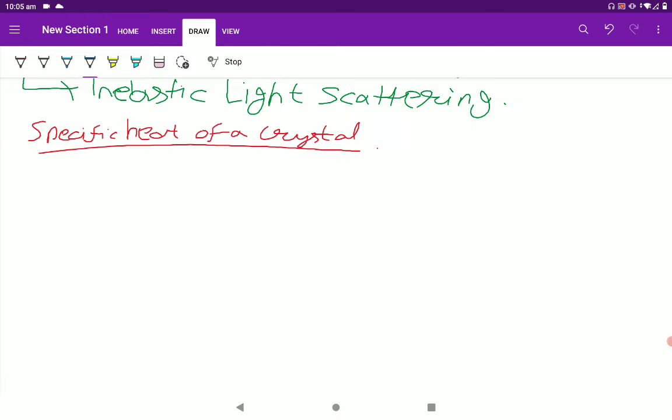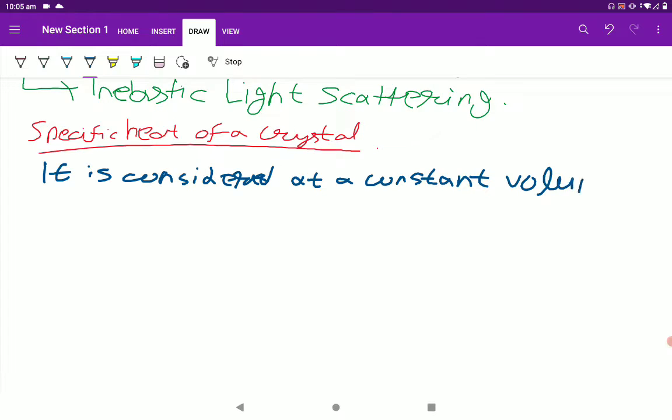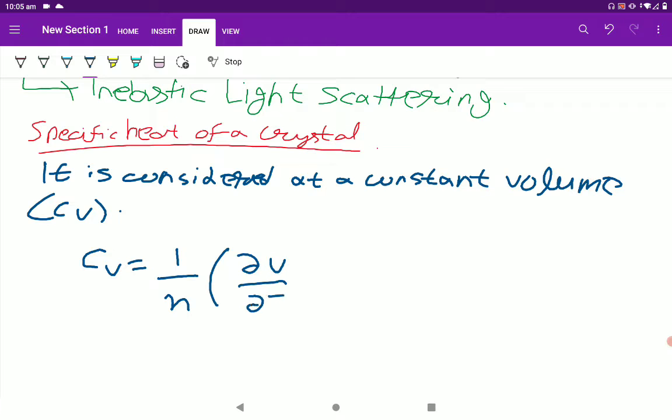So, specific heat is considered at a constant volume. It represents the derivative of the internal energy of the system with respect to the temperature at a constant volume, that is Cv is equal to 1 by n dou U by dou T at a given volume.